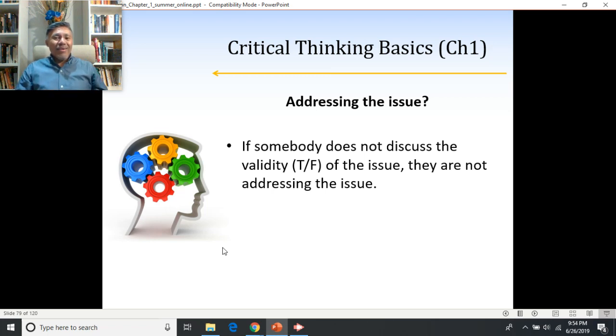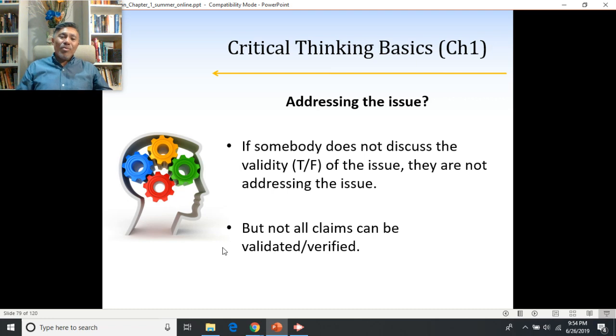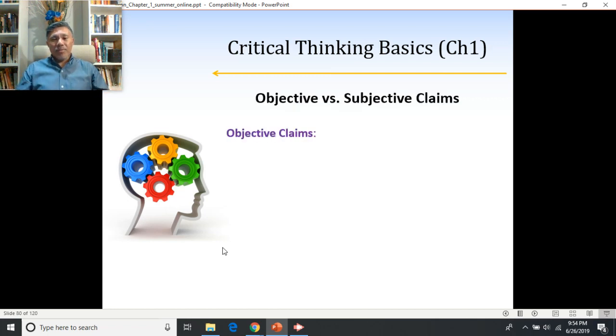Now, some claims are not necessarily claims that can be verified. In other words, there are some claims that aren't necessarily objectively true or false. These are subjective claims. Okay. So, objective claims.